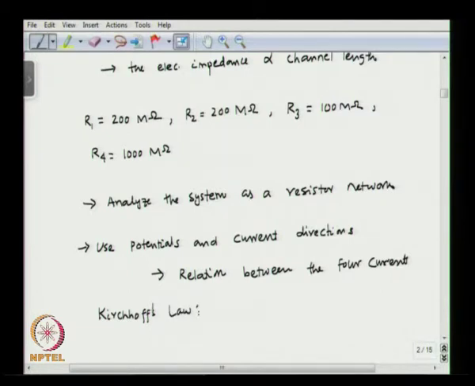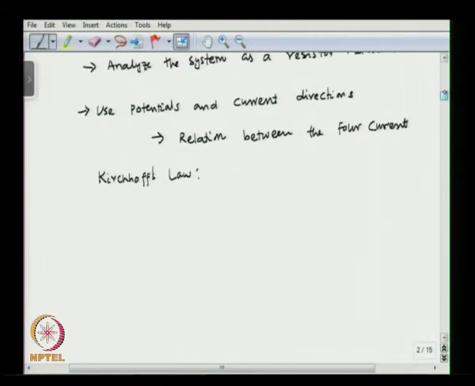So we can write I1 plus I2 plus I3 plus I4. All the currents coming towards the junction, the summation of that is going to be 0.